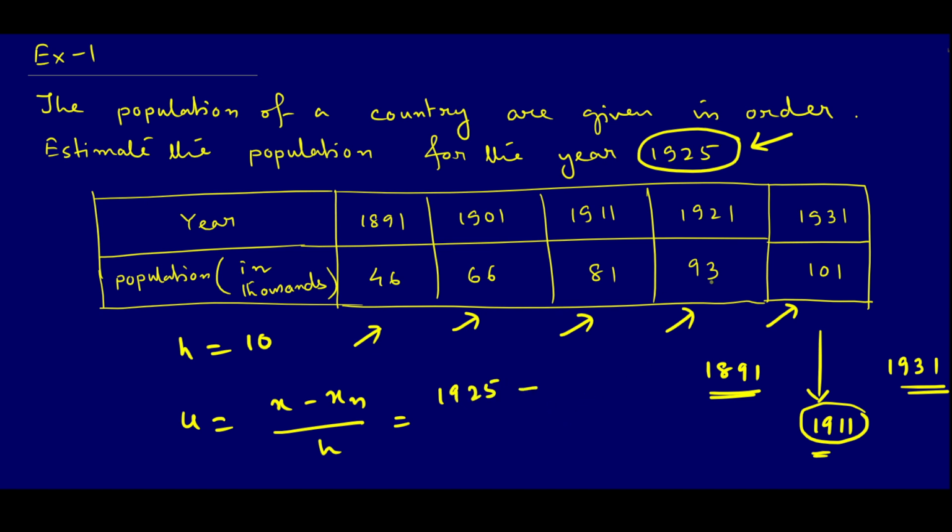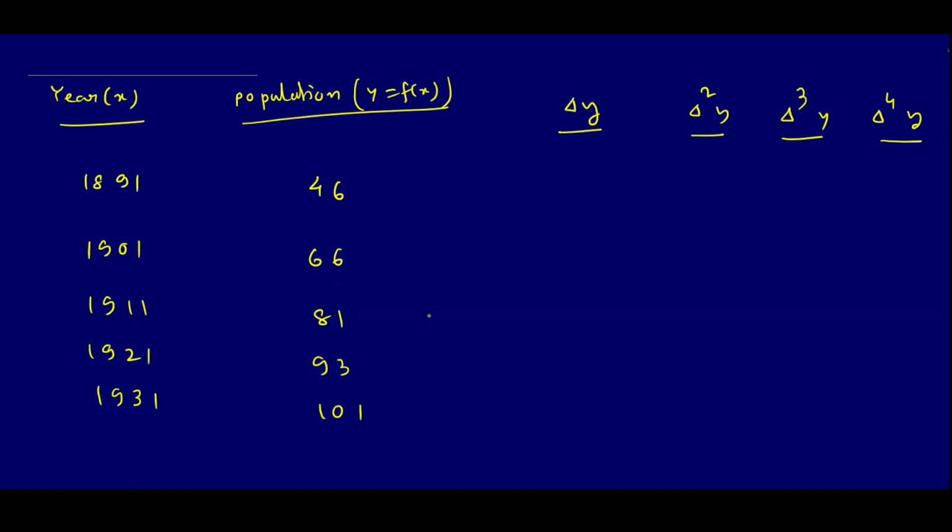Then xn is our last number, 1931, divided by h. h is 10. So this is important: in forward, we wrote x minus x naught, where x naught means the starting number, which is 1891. So that we have to remember. So this is the table that we have to make.